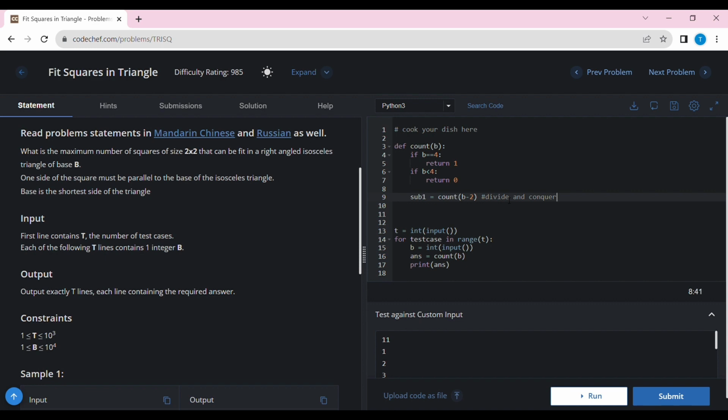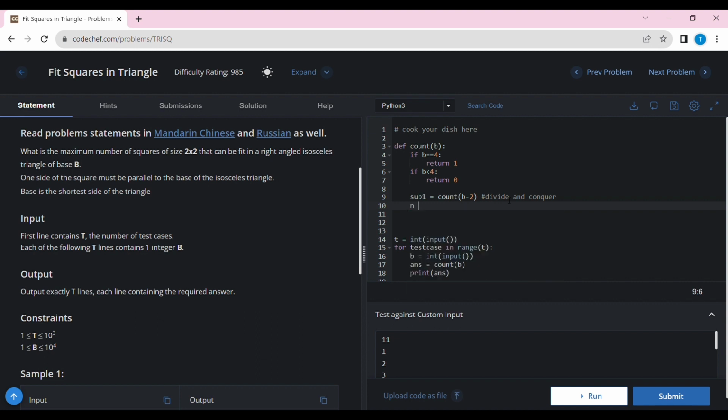And as long as you've written your base cases correctly and your recurrence relation correctly, this subproblem assumption technique always works. Okay. So once we have the answer for that subproblem, we also need to calculate the number of squares that we were able to fit on the bottommost layer of the bigger triangle, right?